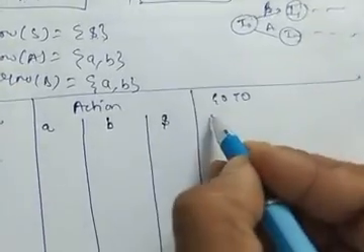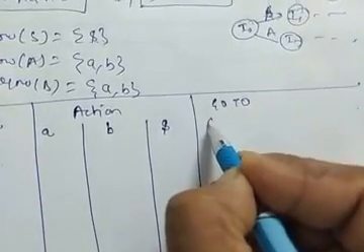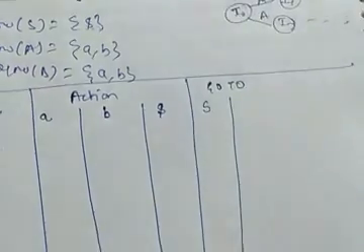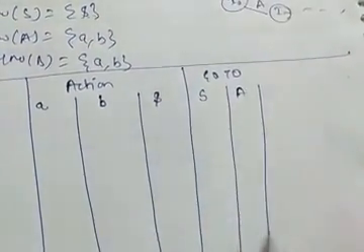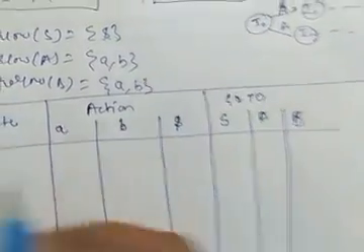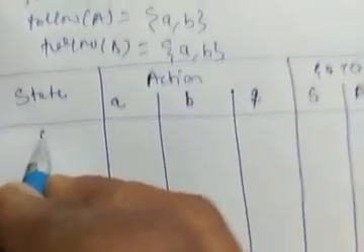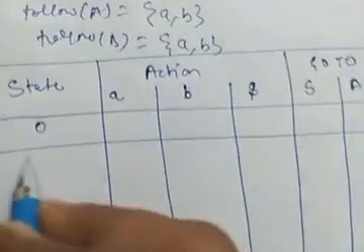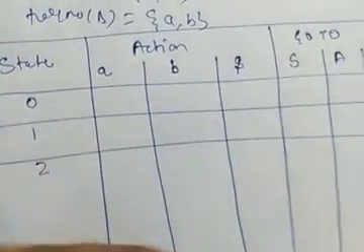In goto there are 3 non-terminals, S, A and B, so we will put those there. There are 9 states: 0, 1, 2, 3, 4, 5, 6, 7, 8, and so on.